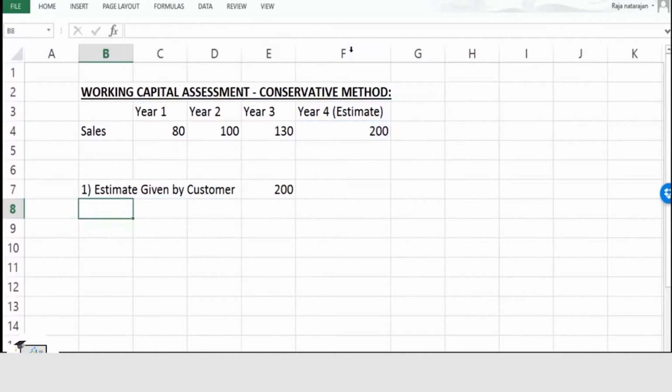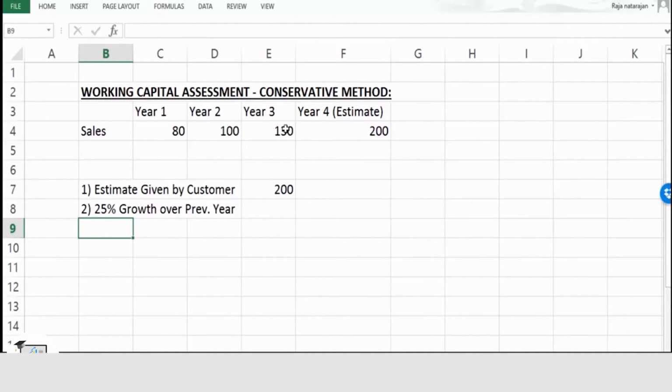The bank would have some kind of policy where they may say that they will apply a fixed percentage growth over the last year. It means something like 20 or 25% growth over the previous year. So I'll say 25% growth over previous year.